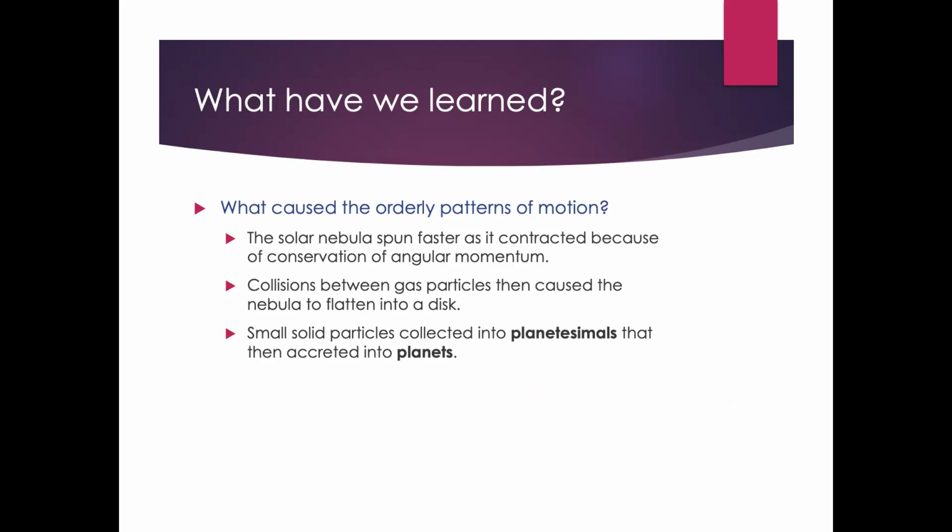Kind of just think about pizza dough at a pizzeria. And then in that disc, the small solid particles start to accrete, is the verb, accrete, into planetesimals and grow and grow and grow into fully fledged planets.